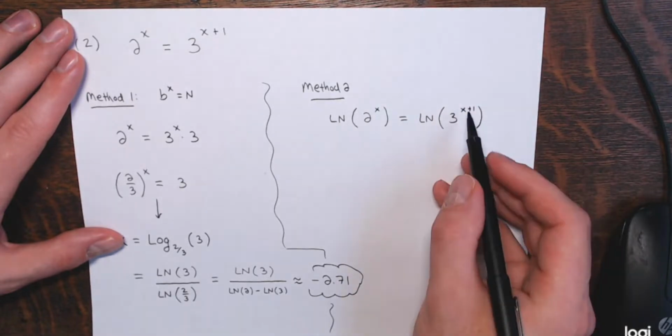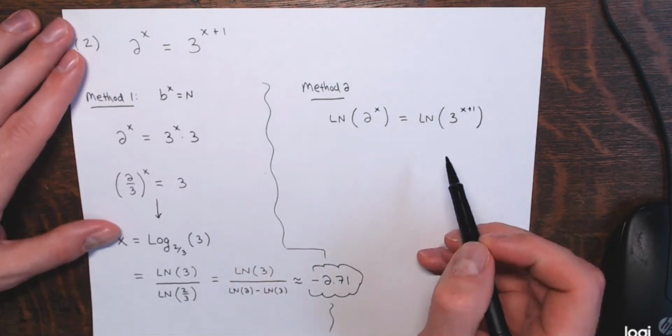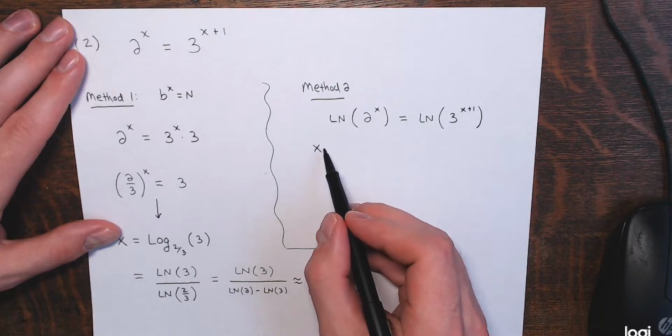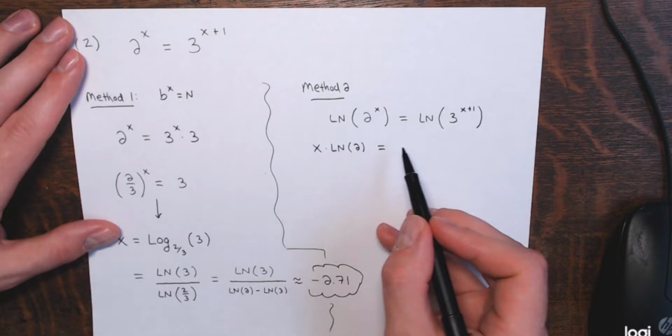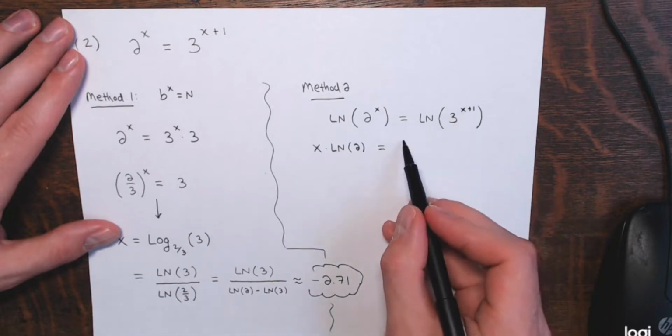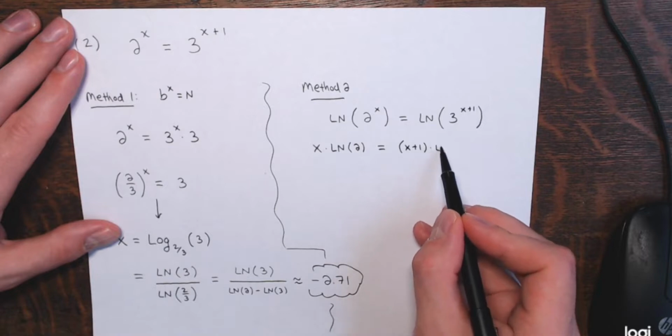Then I apply that power rule, right? These are logs of powers, so I can pull the powers out. On the left side, I have x times the natural log of 2 equals, and on the right side, you have this whole power, so the quantity x plus 1 comes out times the natural log of 3.